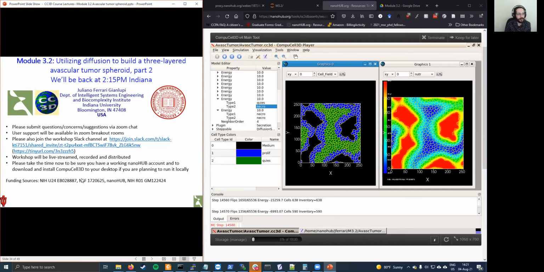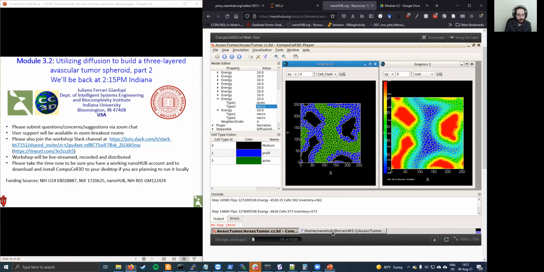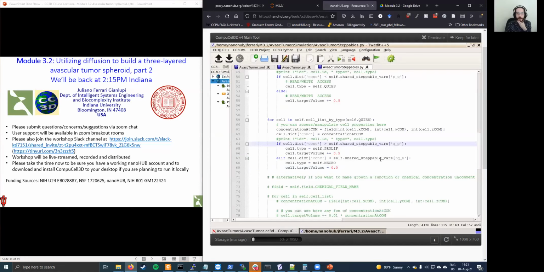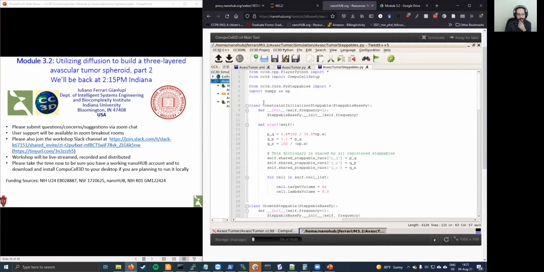Okay, so getting started. Let me actually go back a bit on what we did. In the step rules, we have the constraint initializer, where I'm initializing the threshold numbers. The proliferating to quiescent transition, right now I'm setting it to 80% of 100 divided by half of V. The quiescent back to proliferating, I set it to be just a bit higher than the other one.